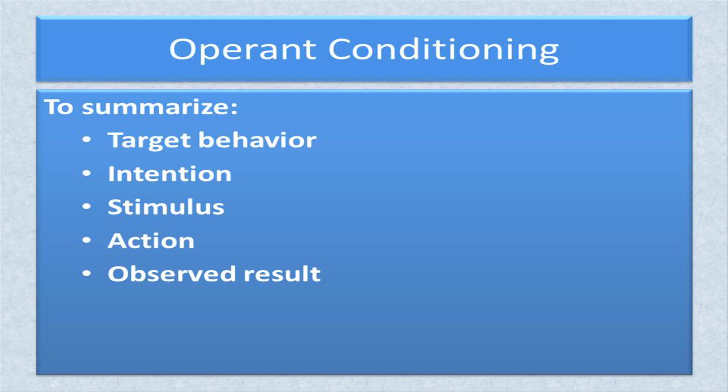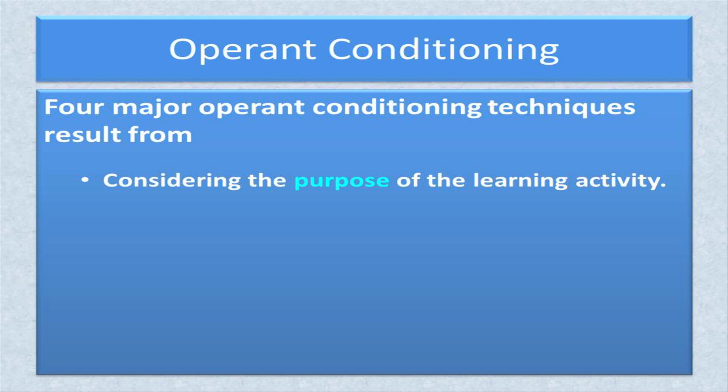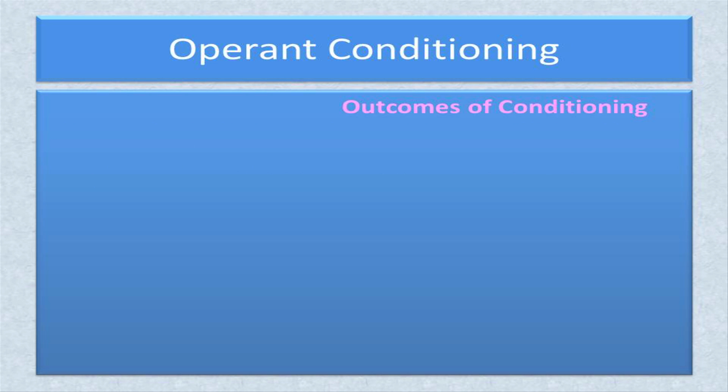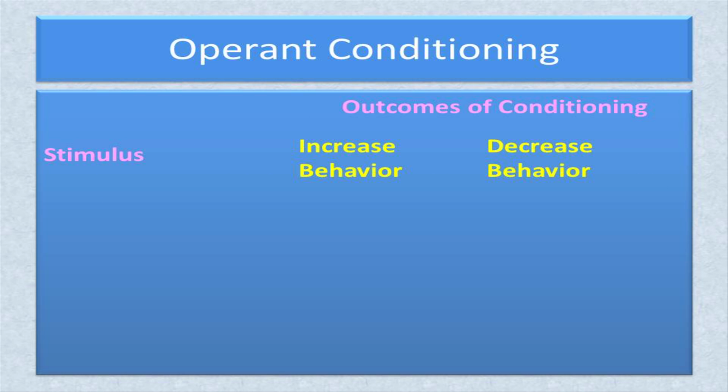There are 4 major operant conditioning techniques that result from identifying the purpose of the behavior change, that is, to state whether the target behavior should be increased or decreased. Selecting a stimulus, either a stimulus that is thought to be positive or pleasant, or one that is thought to be negative or aversive.